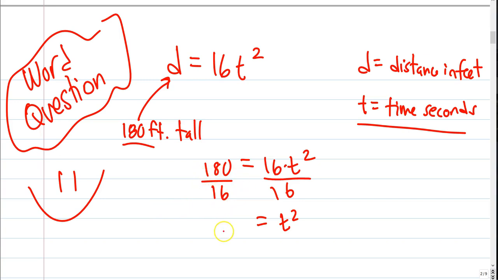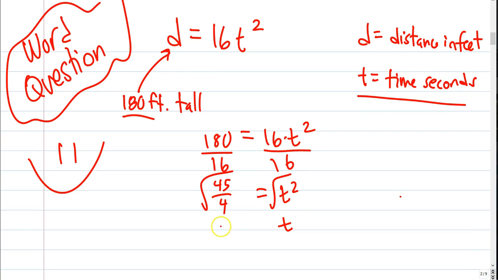That would be what, 45 over 4? And then we're going to square root that. So we got the square root of 45 over 4 gives me the square root of 45 over the square root of 4, which is 2, plus or minus.